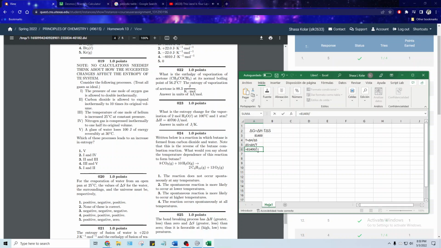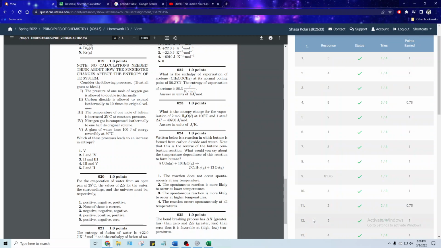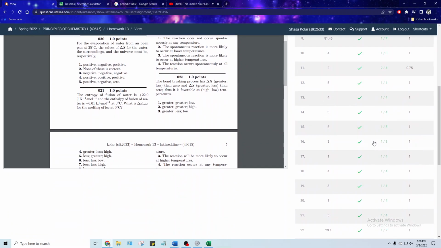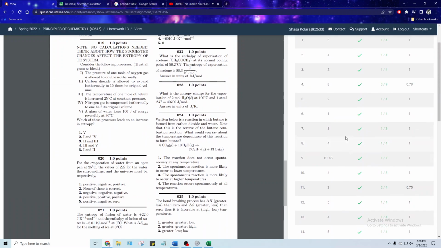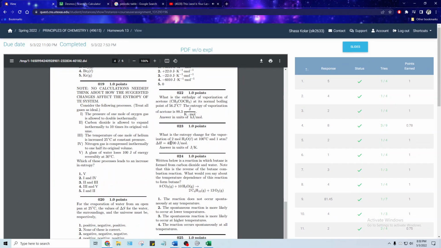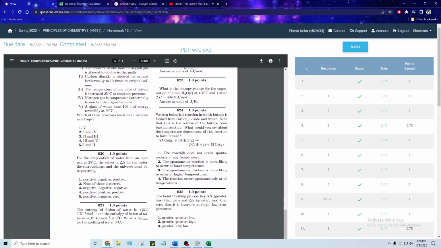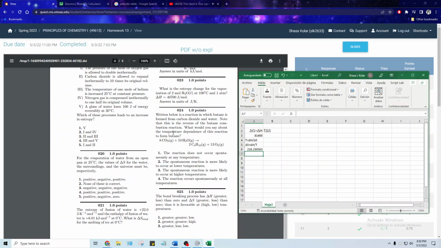That's joules per Kelvin, and we get 218.2 joules per Kelvin, which is our entropy change. I got this wrong the first time because I thought it was 40,000, it's 2 moles, and it's like up there. It doesn't matter. Anyway, that's how you do it.